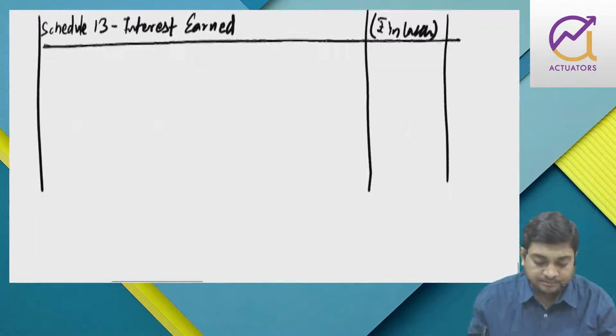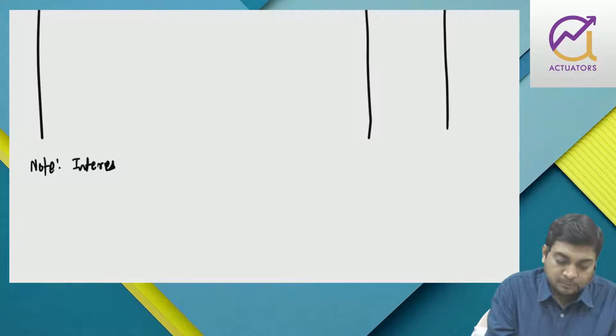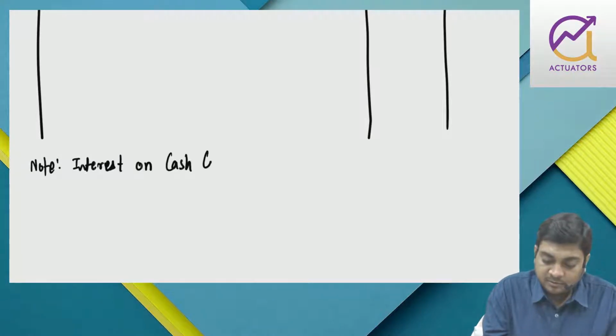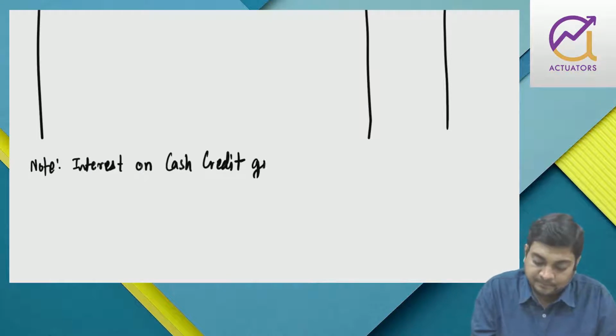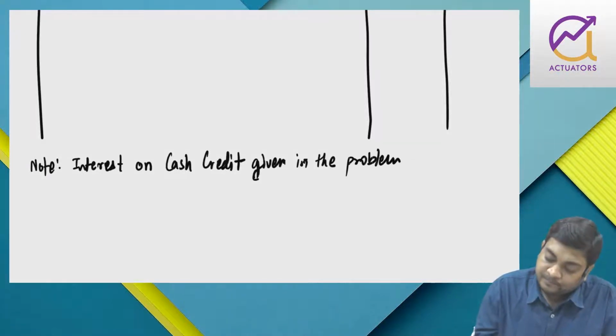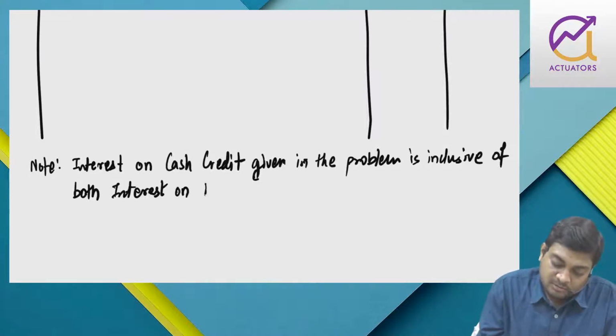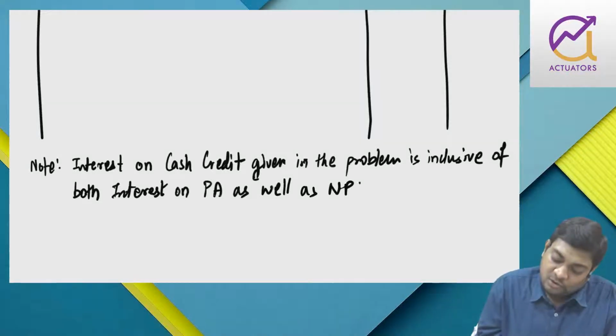So first of all, note: interest on cash credit given in the problem is inclusive of both interest on performing asset as well as non-performing asset.